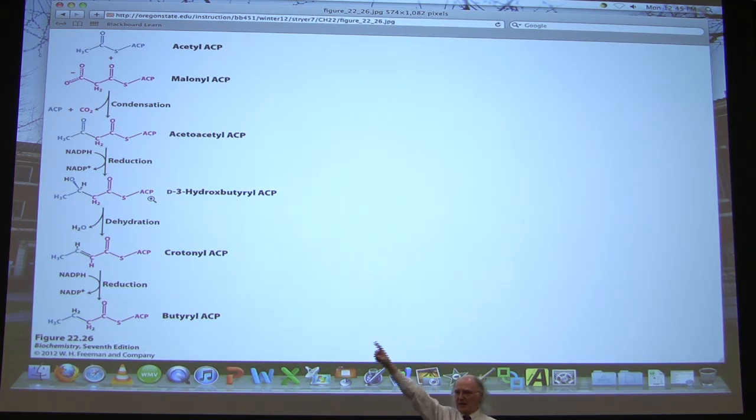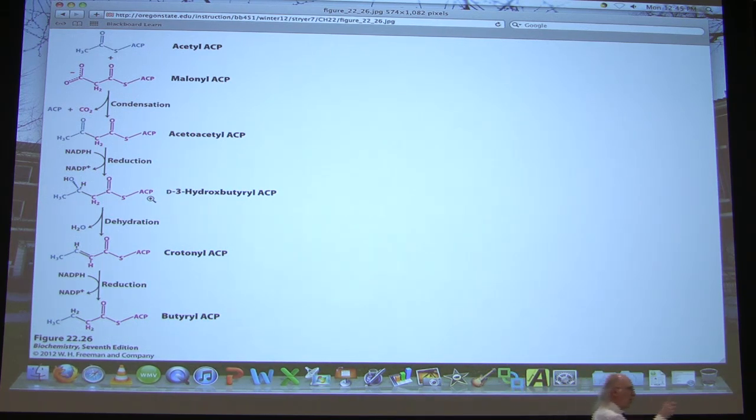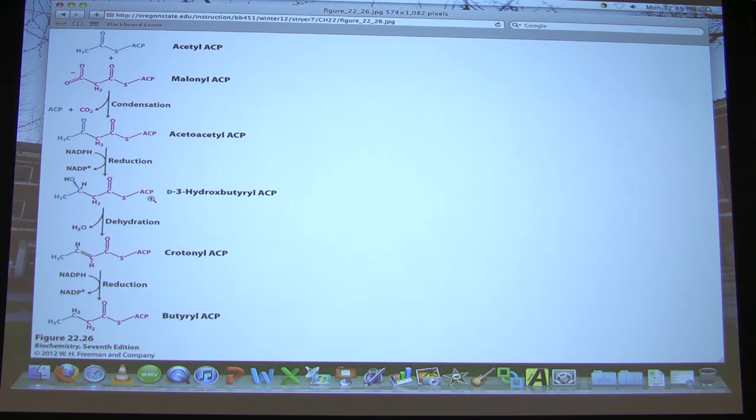The fatty acid chain is moved around in a circular fashion with each of the reactions occurring as it goes around and around. We give one name to that big complex. It's known as fatty acid synthase, S-Y-N-T-H-A-S-E. So you don't have to know all the names of all the enzymes that do this because they're all contained in this one big enzyme known as fatty acid synthase.